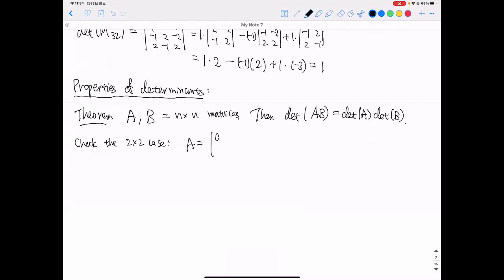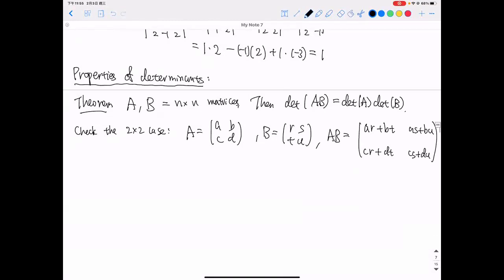So let's suppose you have A being A, B, C, D, and B being R, S, T, U. Then AB is AR plus BT, AS plus BU, CR plus DT, CS plus DU.